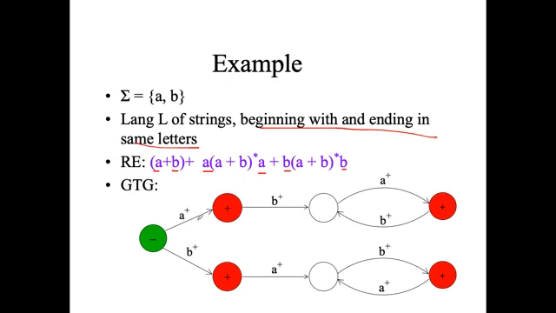So this was its corresponding GTG. This is for single A and for single B, and this is language that begin with A and ending with A. Similarly, language begin with B and ending with B. This is just one GTG. You can make it more simpler than this one. You remember that for one language there may exist multiple GTGs.